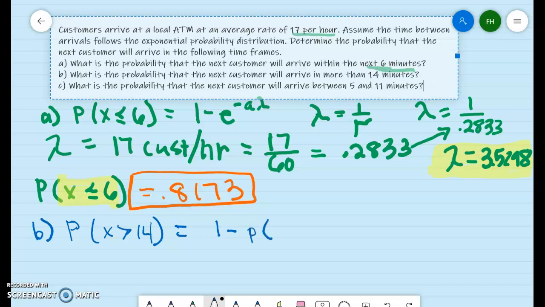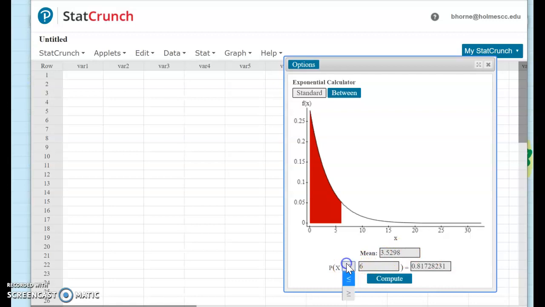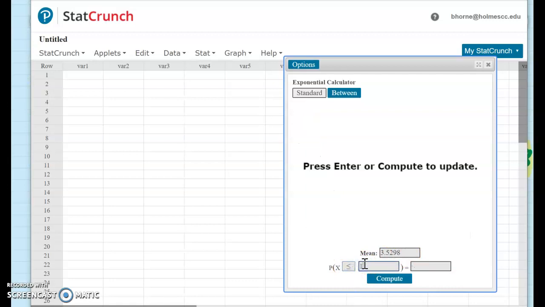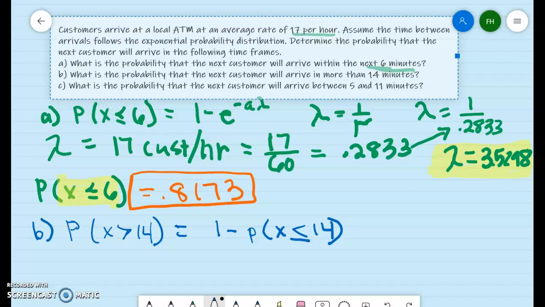So if we want greater than 14, we don't want anything less than 14 or anything equal to 14. So that's what we're going to put in the probability calculator. So less than or equal to 14 would be 0.981055529.